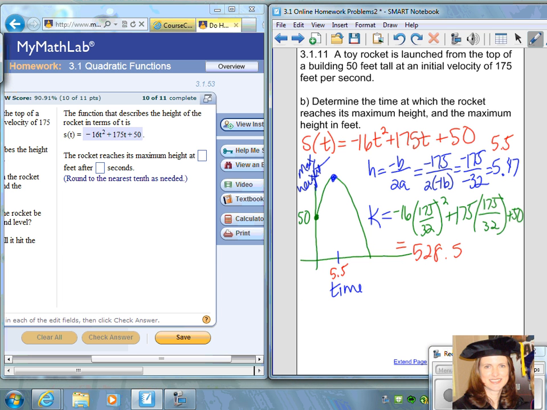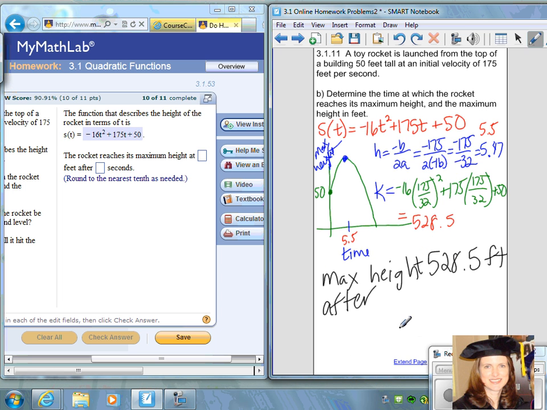Okay, so what this means is the maximum height is 528.5 feet, and this is after 5.7 seconds.